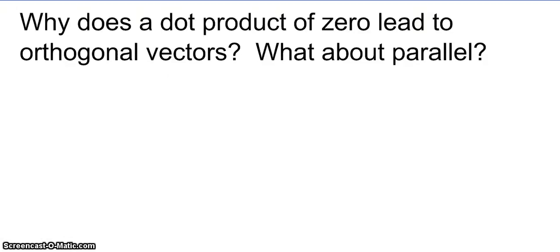So I want you to pause the video and either write down and explain or show using formulas or an example why a dot product of 0 will lead to orthogonal vectors, and then also think about how the dot product can either tell us or help us figure out if vectors are parallel. So pause the video and try to think about that for a minute, and then unpause the video when you're done thinking and writing.